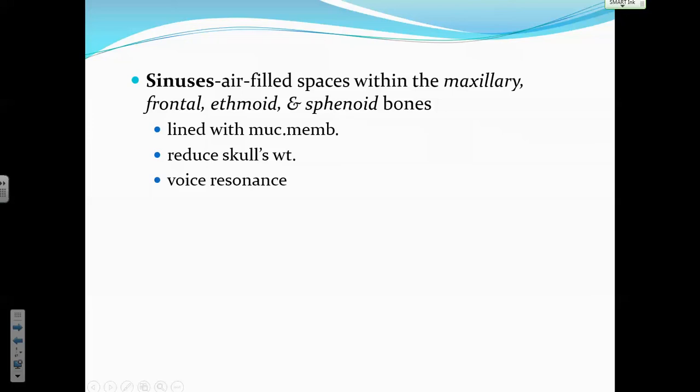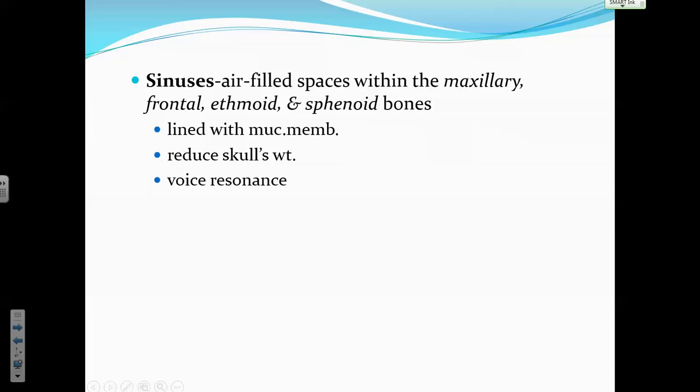If you have an upper respiratory infection of those mucous membranes, it could move into the sinuses, and because it's infected, it's going to get inflamed and produce even more mucus. Sometimes that mucus builds up in the sinus cavities and causes a lot of pressure, which is like a sinus headache. That's the pressure resulting from a sinus infection.